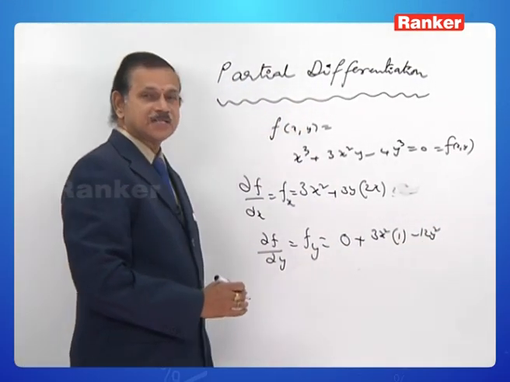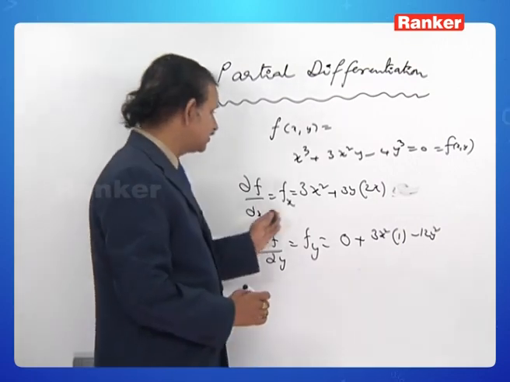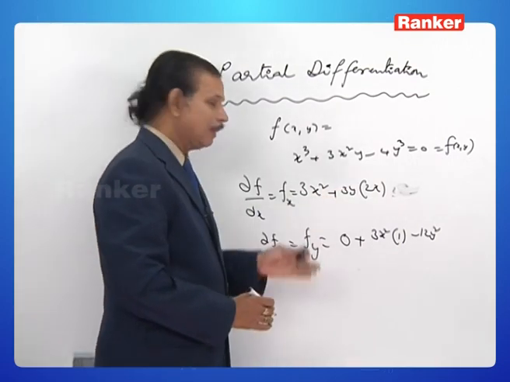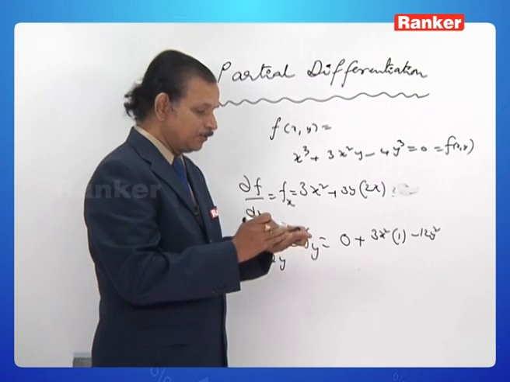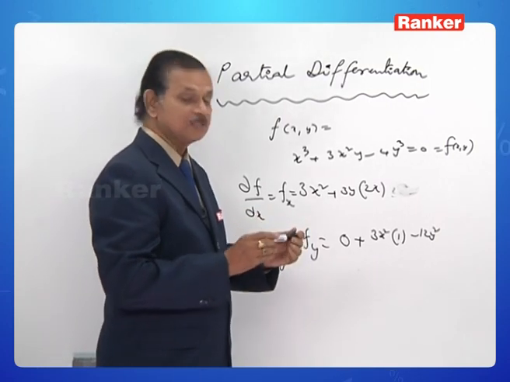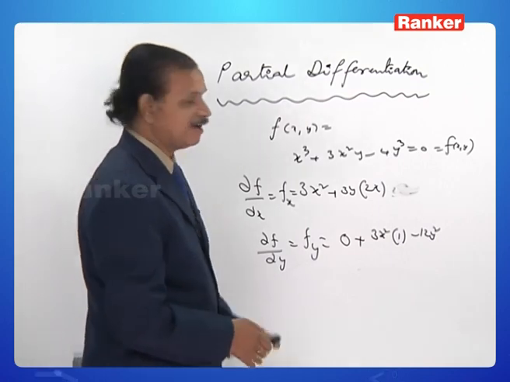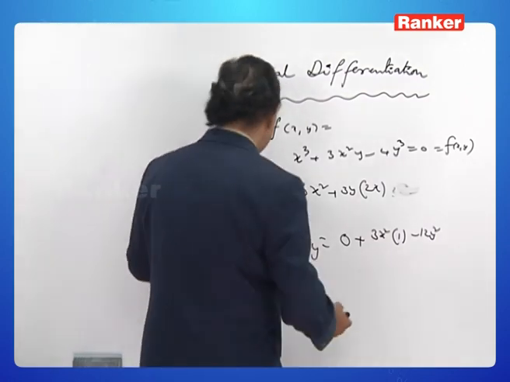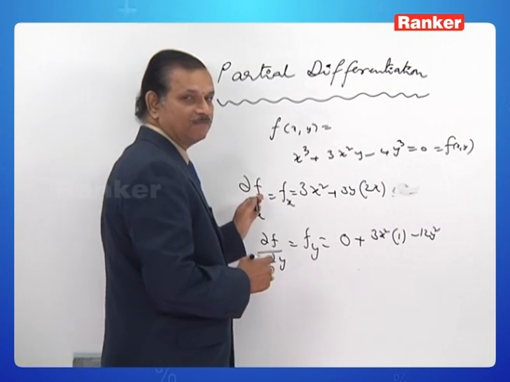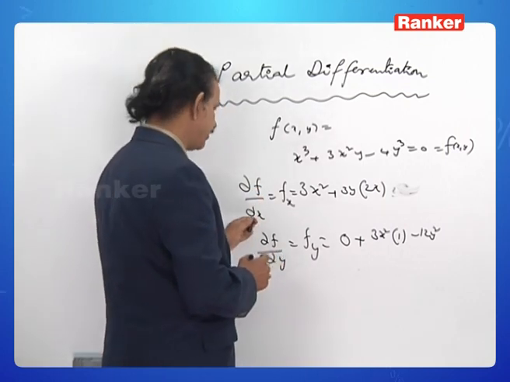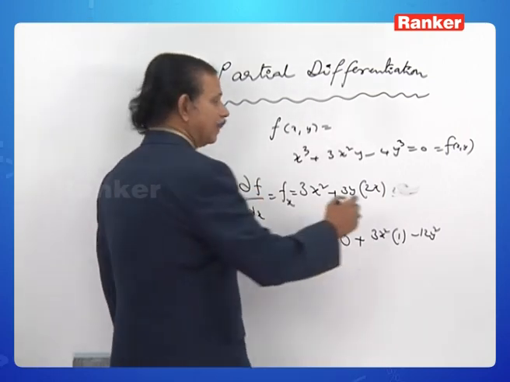Now of special interest is the case, again this is a function of x and y. For this also you may be able to have both partial derivative with respect to x and partial derivative with respect to y also. What I mean to say is, already we have found partial derivative with respect to x.